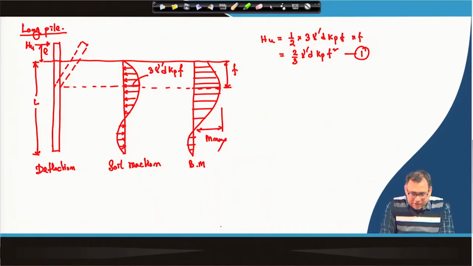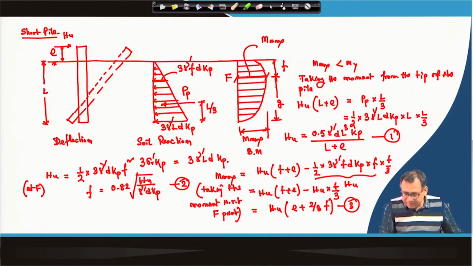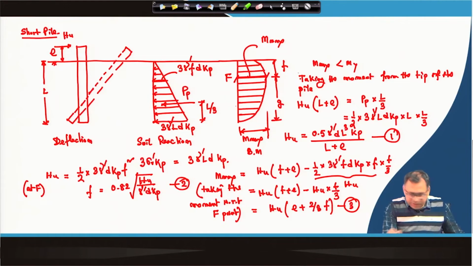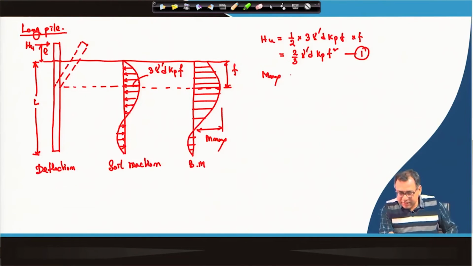Then equation 3 is also valid, equation 3 for previous case. So, this is the equation 3 that we can write here, because equation 2 is also valid, equation 3 is also valid. So, we can write here this equation, this is 2/3 gamma dash d k p f square, and this equation 3 I can write here.